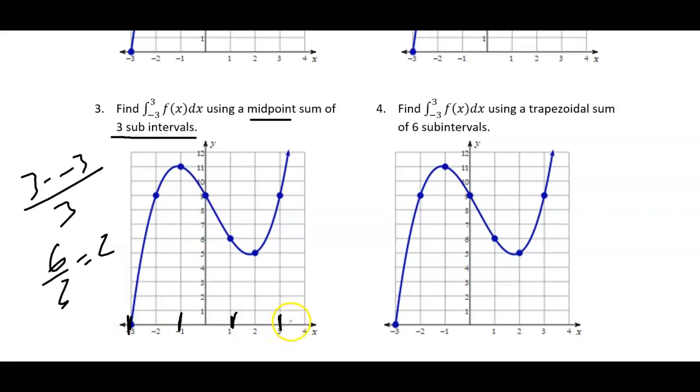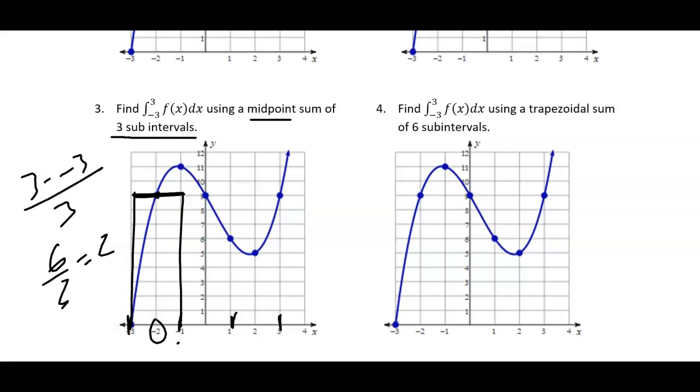The reason for that is because whenever you do a midpoint sum, you're going to find the middle point. So the middle here is -2, and the y value for that is right there. I'm going to be drawing my horizontal bar there and dropping down the verticals like so. Let's repeat that for the next interval.